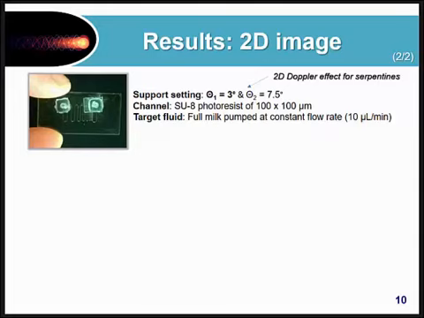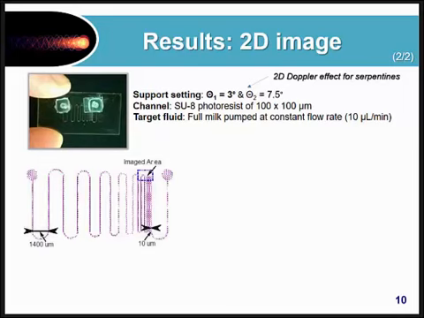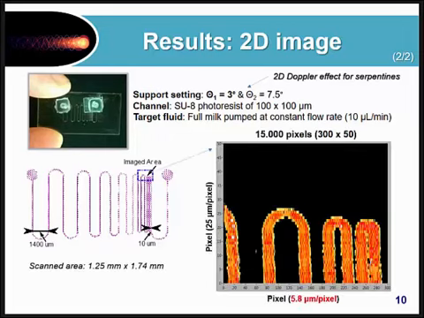at constant flow rate. The image area chosen is the one indicated, so we can scan the smallest separation between the serpentines. In that way, you can also validate the resolution of scanning, as the minimal separation is 10 micrometers. So this is the result.